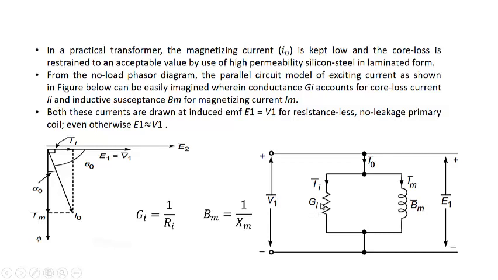Gi is the conductance, which is equal to 1 by Ri. Bm is the susceptance of this reactance, that is equal to 1 by Xm. So I naught will be equal to the phasor sum of Ii plus Im, and here we are supplying V1, and the output of this will be E1. Since there is no resistance, you will see that this voltage and this voltage will be equal. If there is some resistance over here, definitely this voltage will be slightly higher than this voltage, but practically we are taking these voltages to be equal as well.